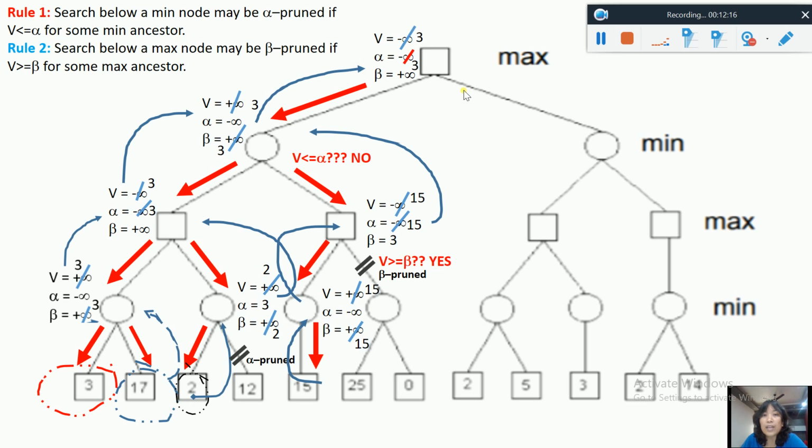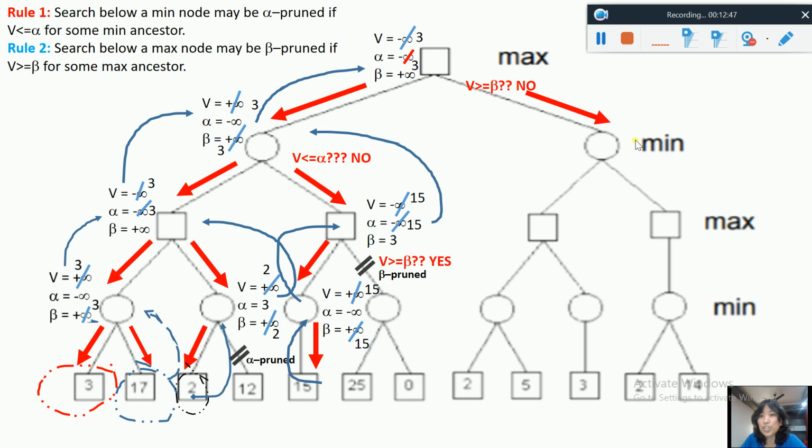Then as it is a max player and 3 is better than minus infinity, V, the node value, will update, and alpha, as the player for max, also updates its value to 3. Now again, I need to check this rule, that is for search below max, whether V is greater or equal to beta or not. As we have seen, no, V is not greater or equal to beta, so we will move to the right side of the child, which is the min player.